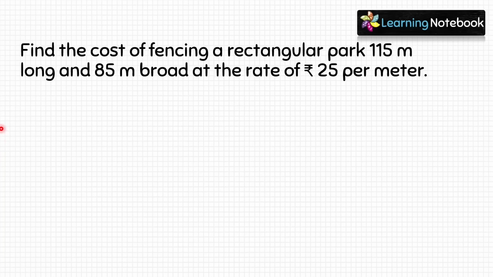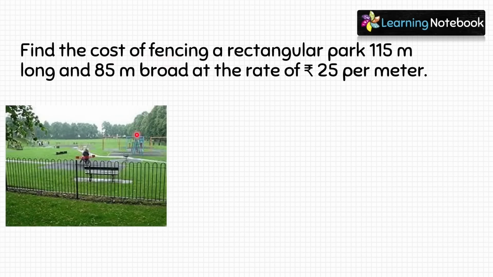Students, let's first understand this question. Here we have to find the cost of fencing. What is fencing? Fencing is the boundary of the park as shown in this picture. Also, we are given cost of fencing is rupees 25 per meter.